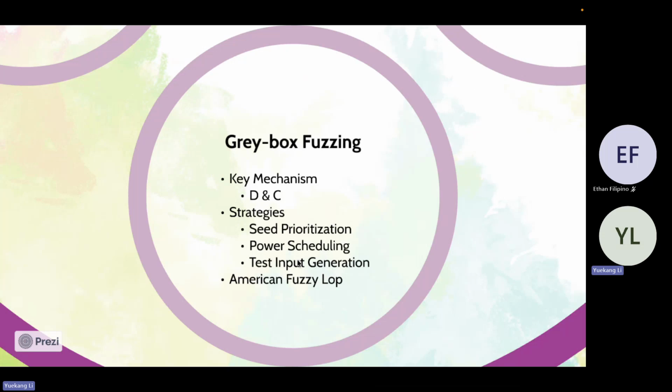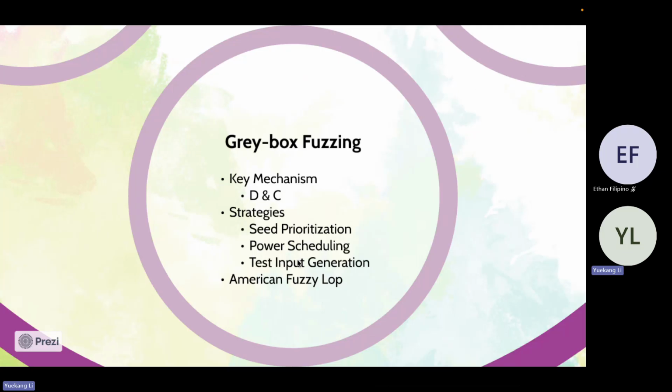Because black box testing is not very effective, and white box testing is normally not very scalable, we try to combine these two together to get gray box testing or gray box fuzzing. You should be able to know the key mechanism of gray box fuzzing. Gray box means we are still collecting execution or runtime information, but we don't collect every piece of information.